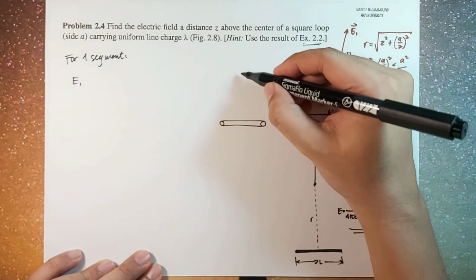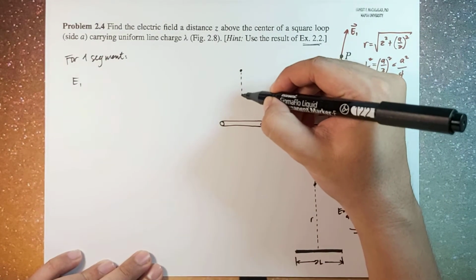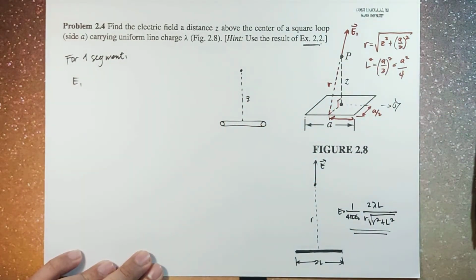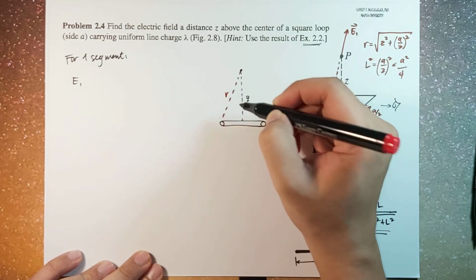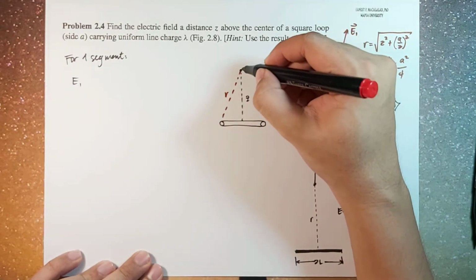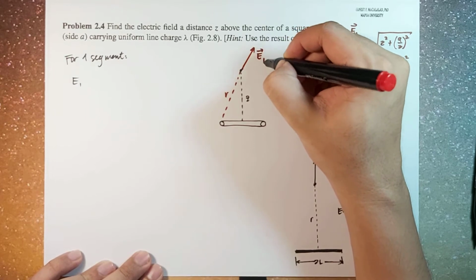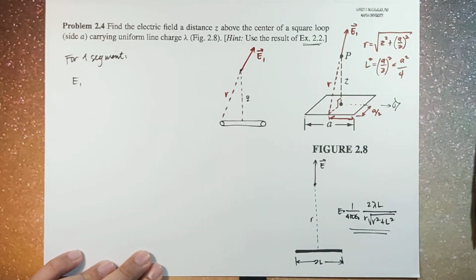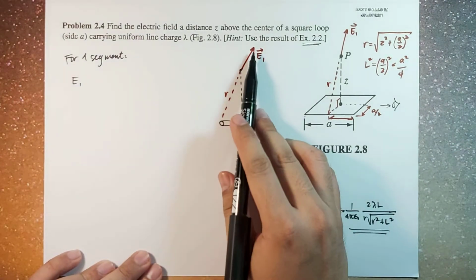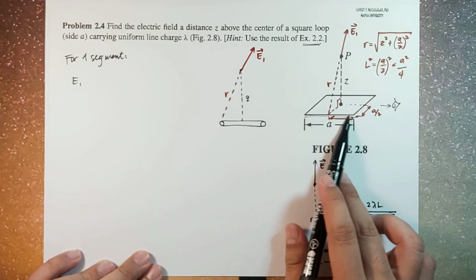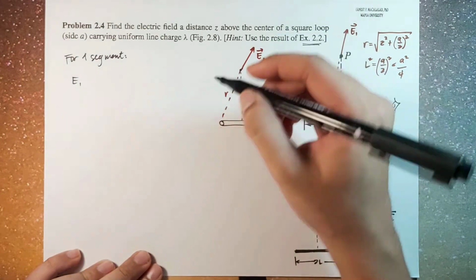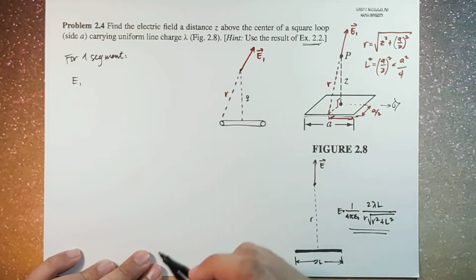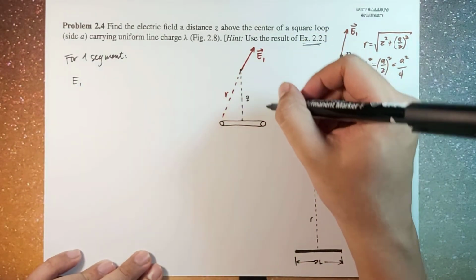If this is your point P, this will be Z, and this will be R. So E1 would be here. As you can see, by symmetry, the horizontal component of this electric field contributed by this segment will be cancelled by the other side. So the net electric field will just be the sum of the vertical components of the electric field due to each segment.